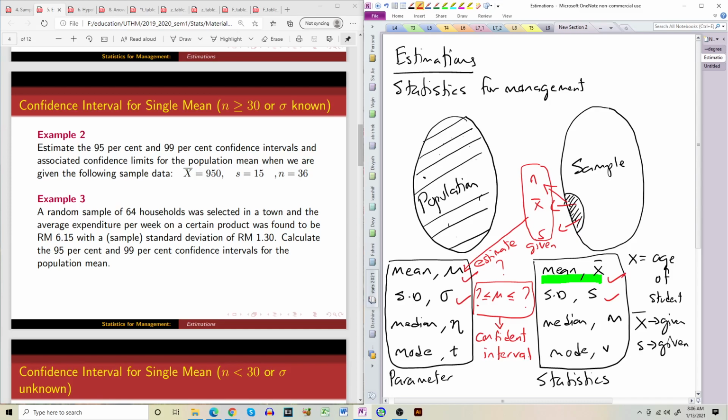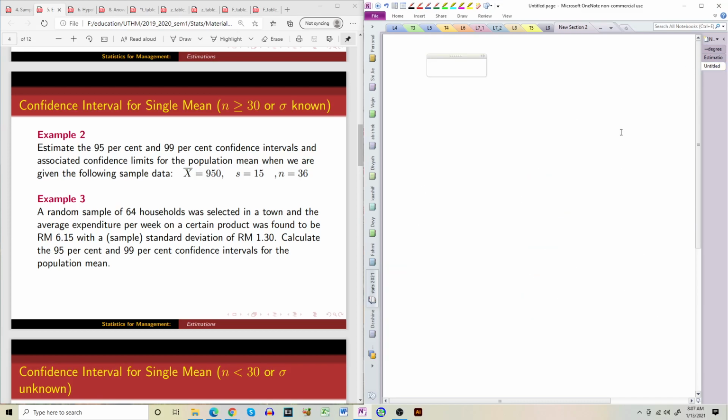Okay, the confidence interval is the range, the interval for our estimated mean. So it's not going to be a single number, it will be between two numbers. Approximately our mean will be between two numbers. So let us do one exercise. In this case we are going to do example 2.